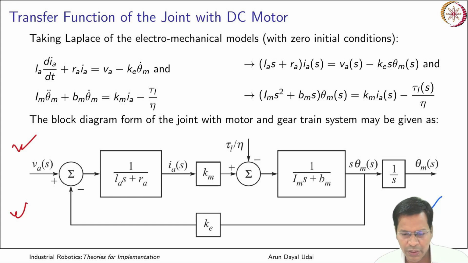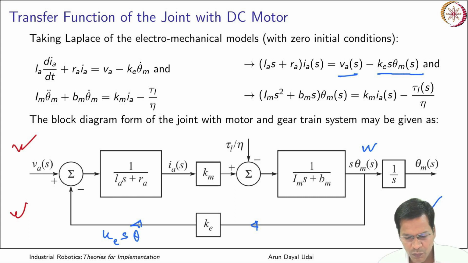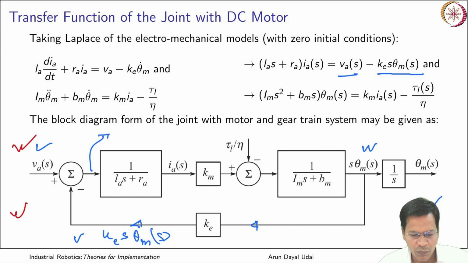This is V_a minus K_E s theta_m(s). So the s theta_m(s) signal is coming to this feedback and getting multiplied with this. So over here you have K_E into s theta_m(s) that comes here. This minus this is getting into this line. So here you have exactly this one.